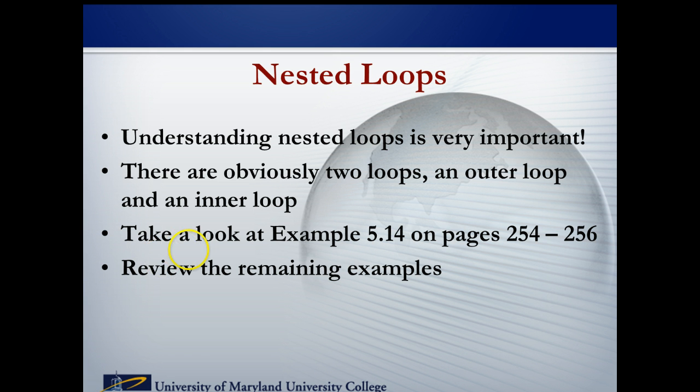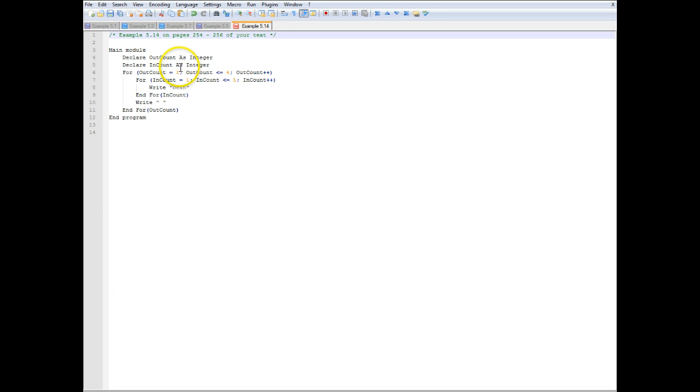So if you take a look at example 5.14 on page 254 through 256, we'll take a look at the code here in just a sec. Okay, so this is our nested for loop from page 256, example 5.14.